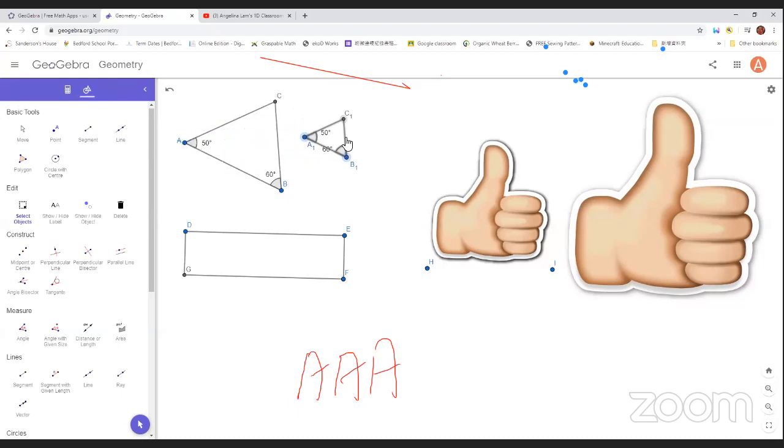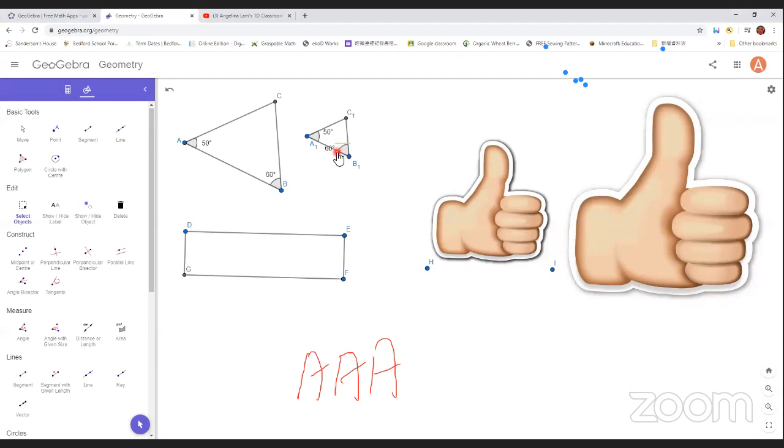Now, therefore, it means for these two triangles, the 3 pairs of angles are the same. But of course, if you look at the size of these 2 triangles, obviously, they are different size. One is smaller, one is bigger.